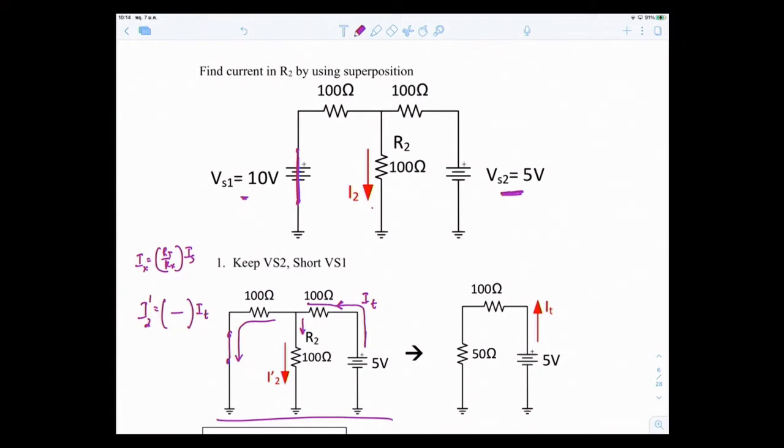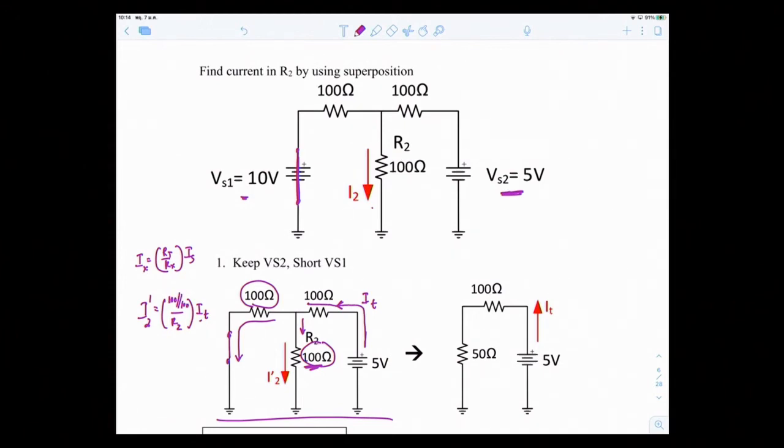My Rx is of course 100, because I2 prime passes through this R2, which is 100. And R total is the total resistance that I total has to split into. So I total splits into this 100 ohms and this 100 ohms, and they are in parallel.